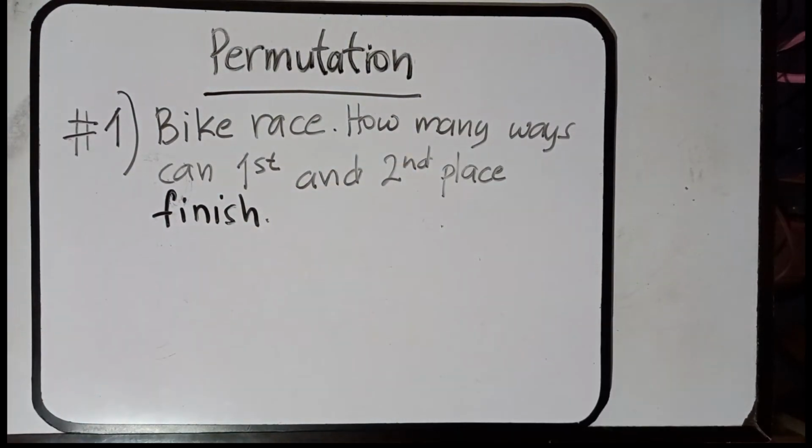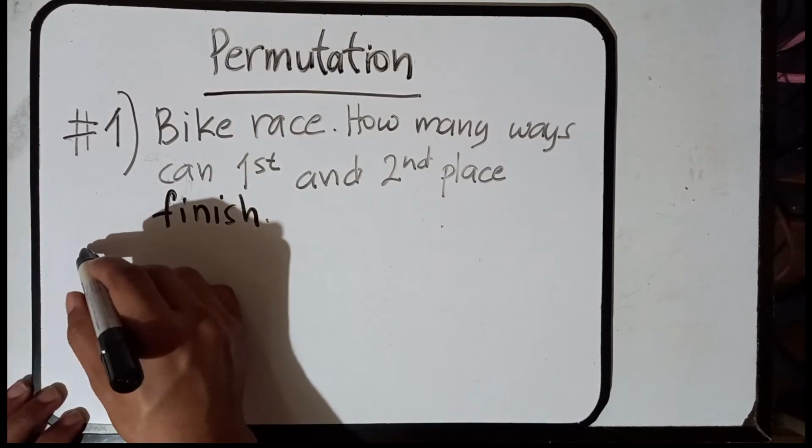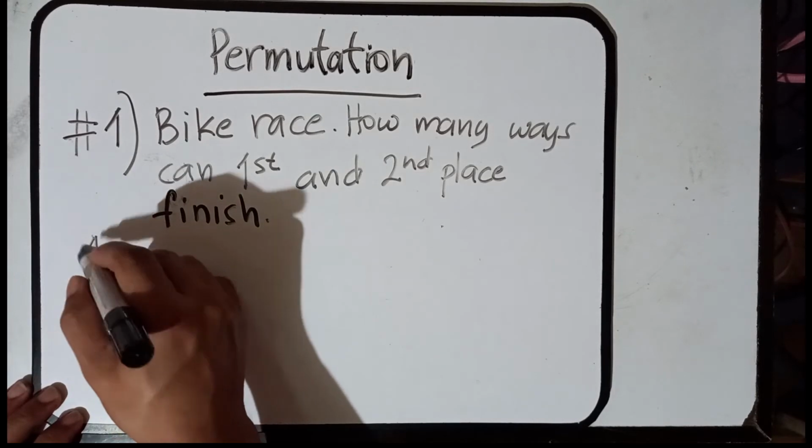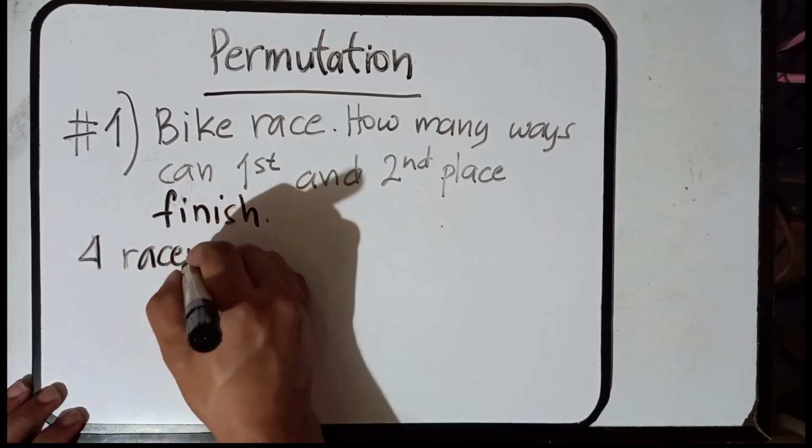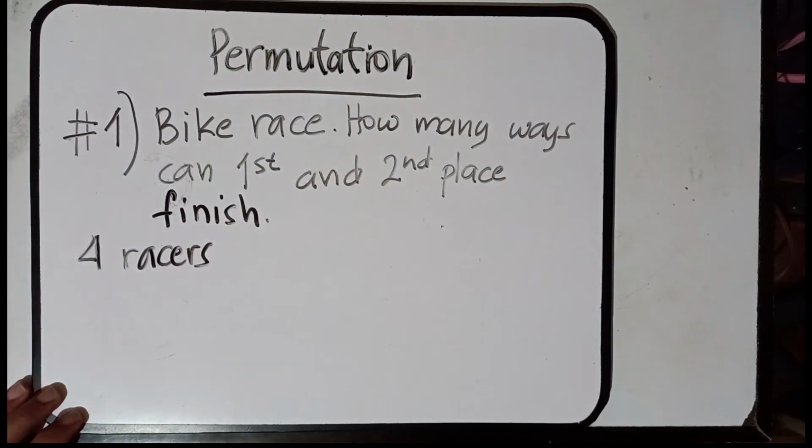So the problem goes like this. You have a bike race, and you are asked how many ways can first and second place finish, considering that you have 4 racers. So from 4 racers, how many ways can first and second place finish?